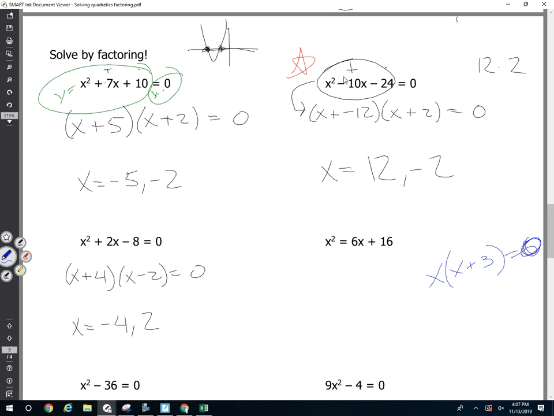What would make this 0? Look at it and tell me. What would make this 0 when x is? So this is helpful.